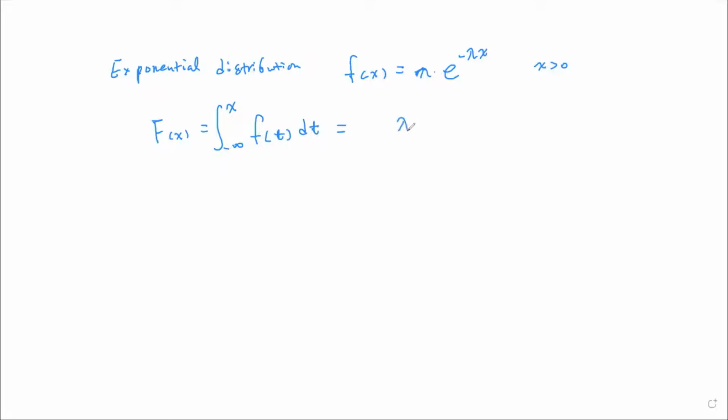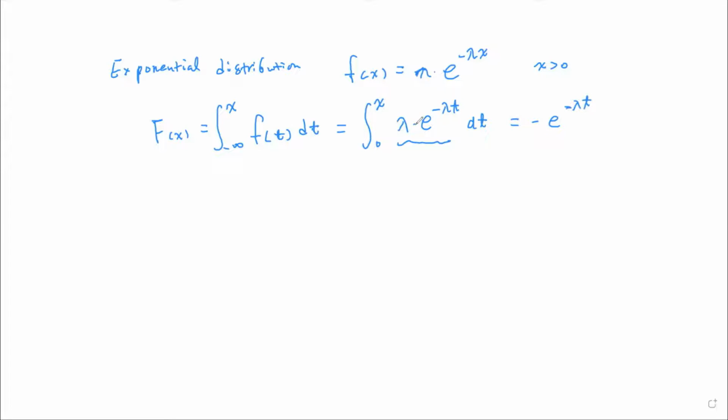Again, when you plug in lambda times e to the negative lambda t, you must change the lower limit to 0, dt. The entire derivative of this is negative e to the negative lambda t.